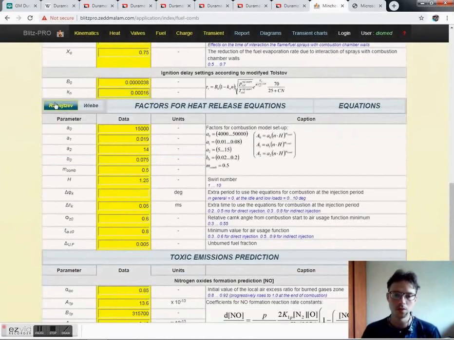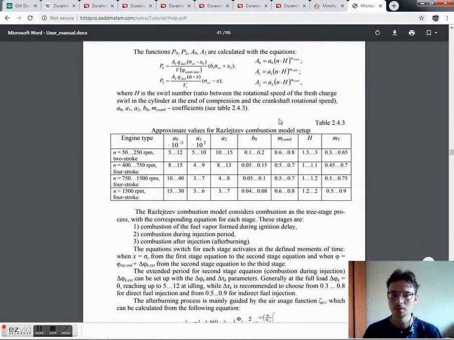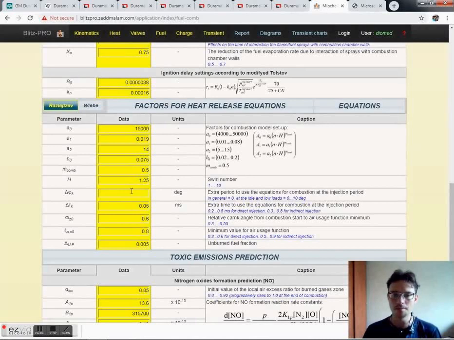we choose the relative combustion model, and we should set up all these coefficients using the table, which is a guide which helps to choose the right parameters. For example, A0, A1, A2, B0, and all these parameters have some influence on the combustion process.